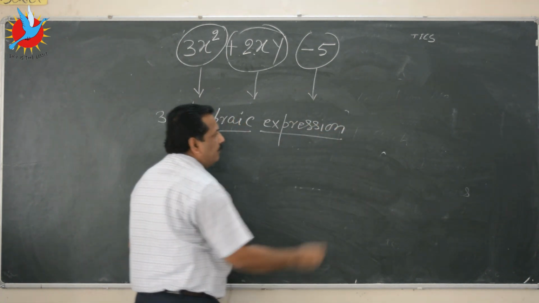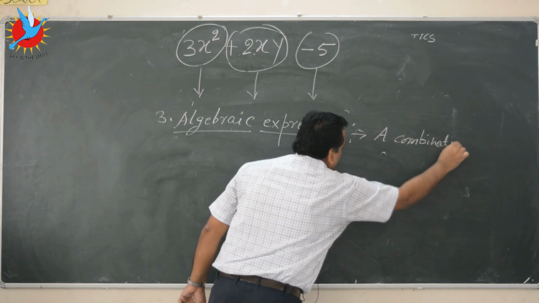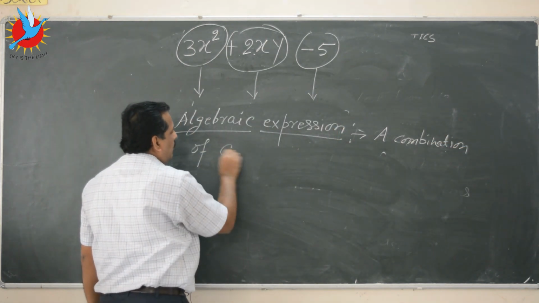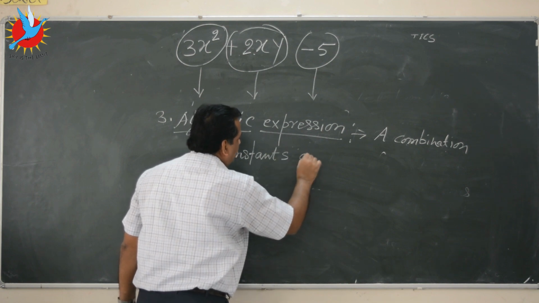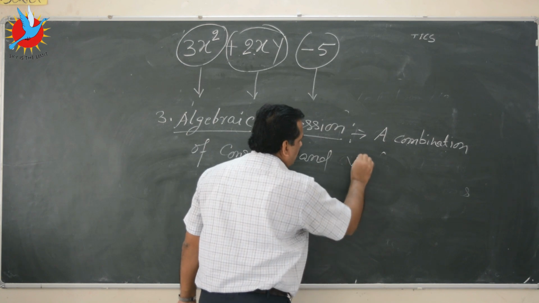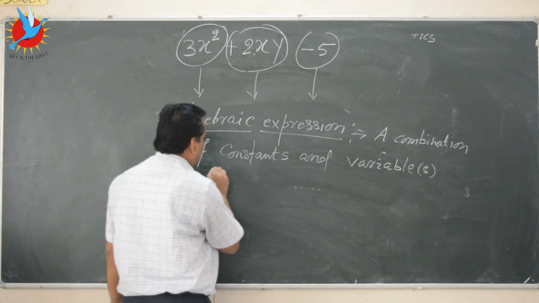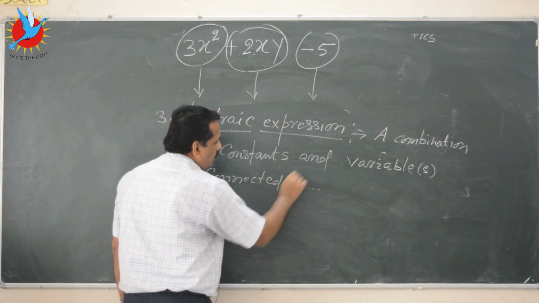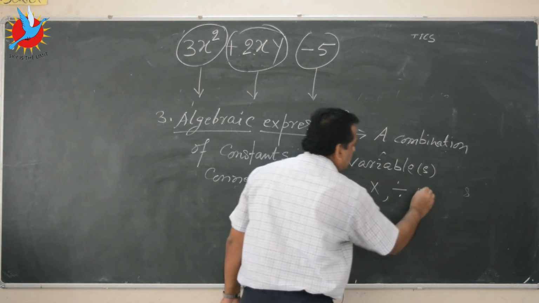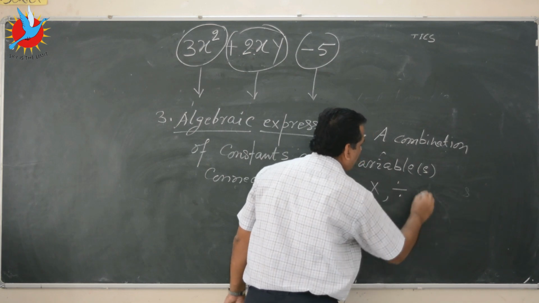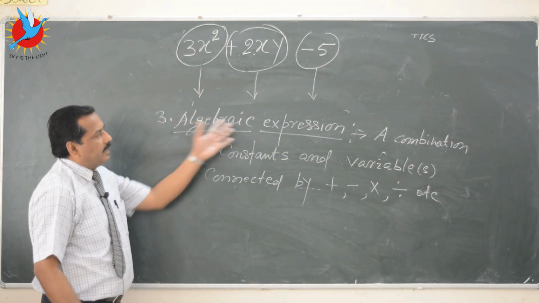So how to define it? An algebraic expression is a combination of constants and variables connected by plus, minus, multiplication, division, etc. It is known as an algebraic expression.